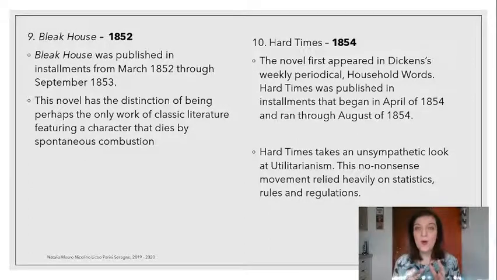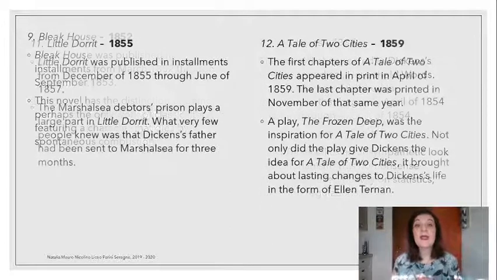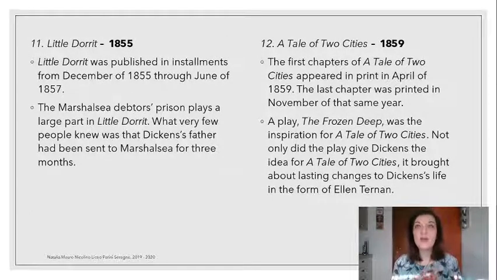It was also published in installments as a weekly periodical, in Dickens' own weekly periodical, whose title was Household Words. Hard Times focuses on mechanization, utilitarianism, and on the most important problems of Victorian education and Victorian industrialization.